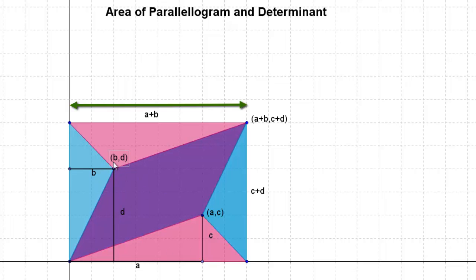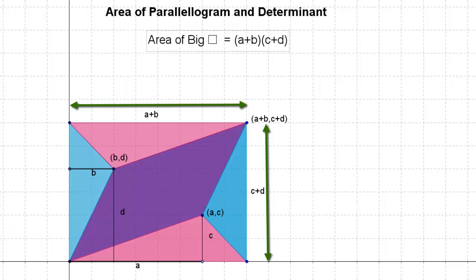If you put them on top of each other, you would get a vertical height of C plus D. So if you agree that this distance is A plus B, the base, if you will, of the big rectangle on the outside, and C plus D is the height of this rectangle, the area is base times height, or A plus B times C plus D. That's the area of the big rectangle.